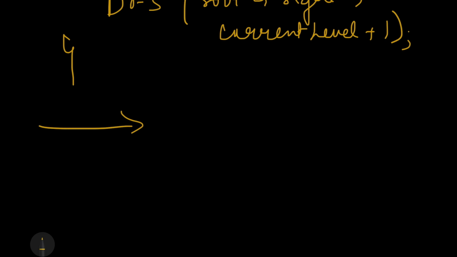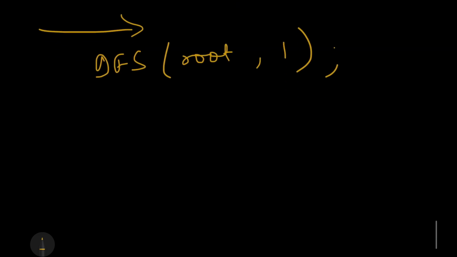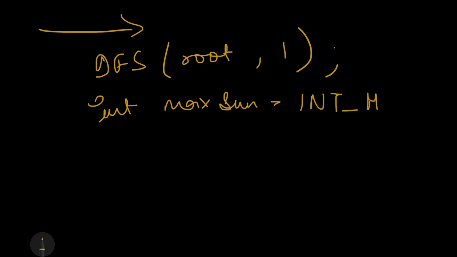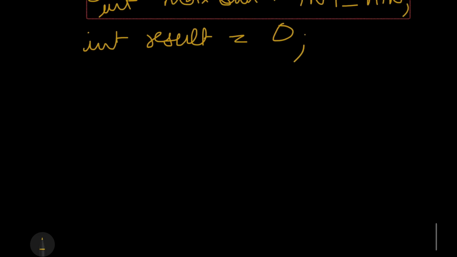Now we'll see how our main method would look like. In our main method, we'll call our DFS by sending the root node and 1 initially. Then we'll define a variable maxsum equal to int min, as our nodes can have negative values as well. And then we'll define a result which is 0 to contain the result level.